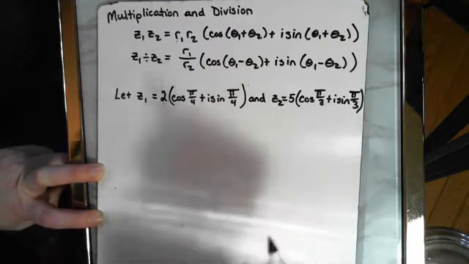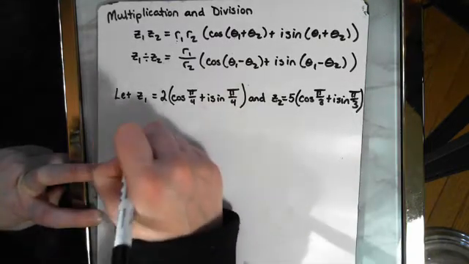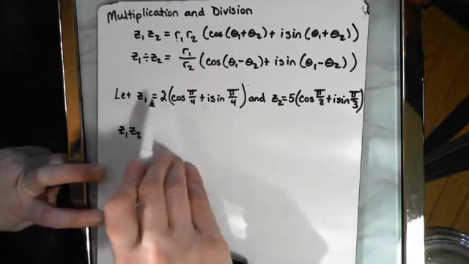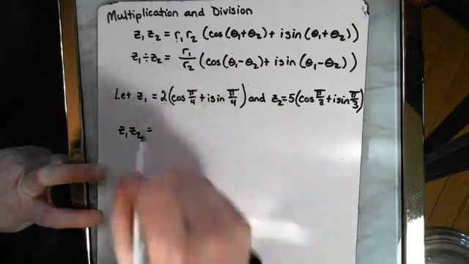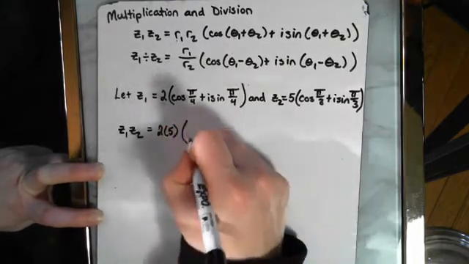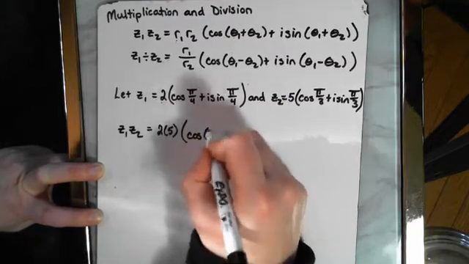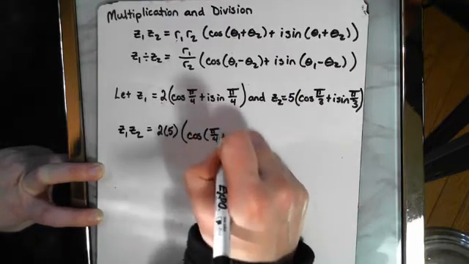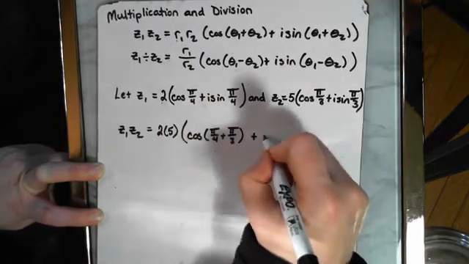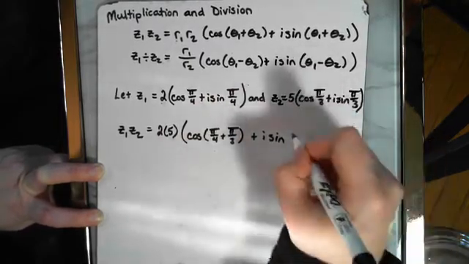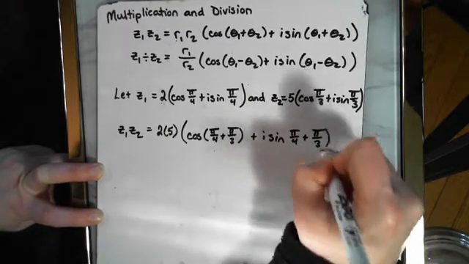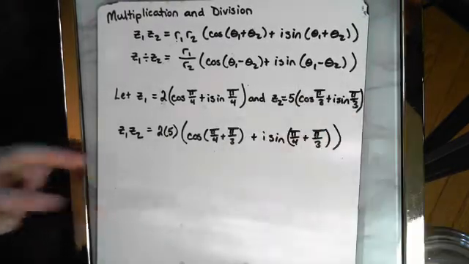So for multiplying, if I do z1 times z2, all I need to do is 2 times 5 and then times the cosine of pi over 4 plus pi over 3 plus i sine of pi over 4 plus pi over 3. And then I just need to simplify this.